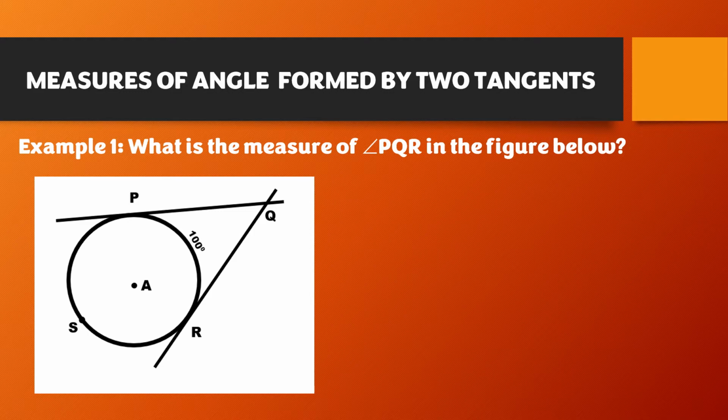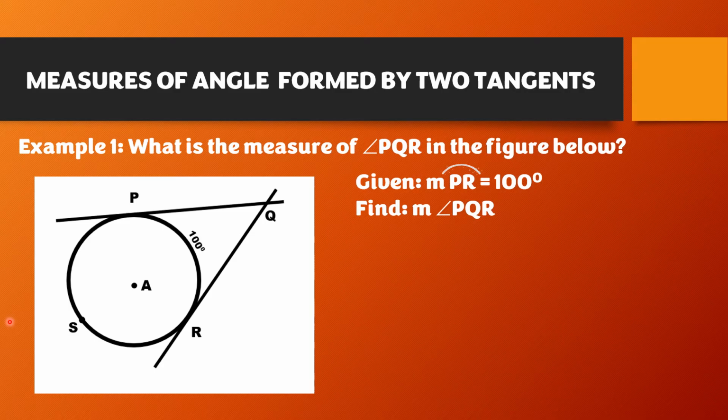So here we have circle A, and in circle A, we have tangent line PQ, and line RQ is also a tangent line, wherein point P is the point of tangency of line PQ, and point R is the point of tangency of line RQ. And for the given, the measure of arc PR is 100 degrees.